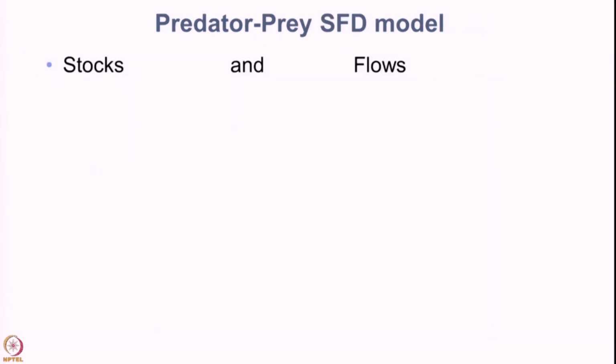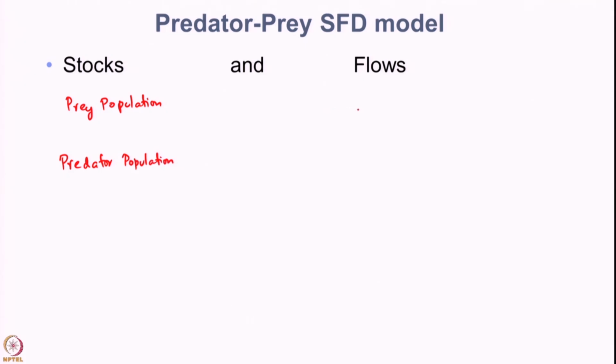The stocks and flows. So, we will start with the predator and prey models. The stocks could be the population of each of the species, that is, prey population is a stock, predator population will be the other stock, and both these stocks will be affected by flows.